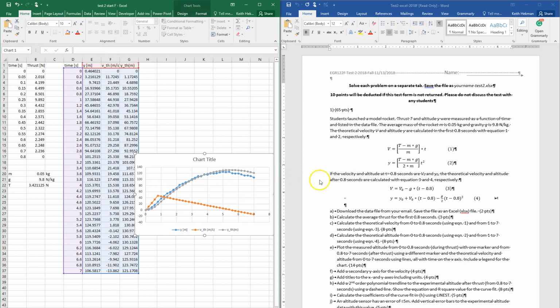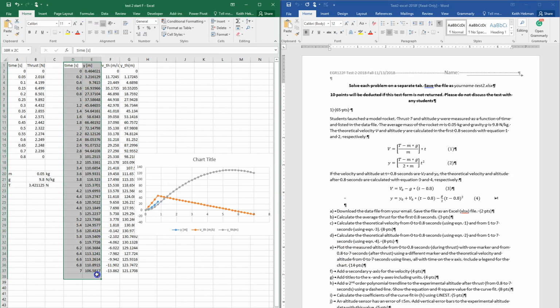Now we want our measured position. We actually want two of them. So we want one here for 0 to 0.8, and the other one is 0.8 to 0.7 seconds.